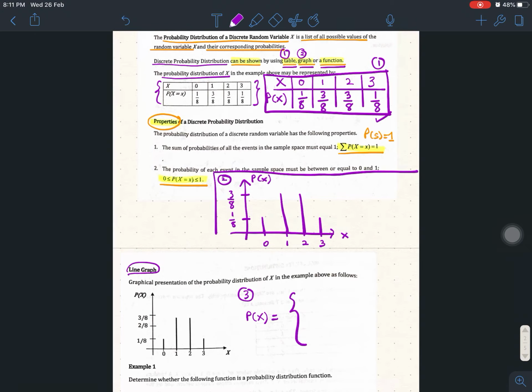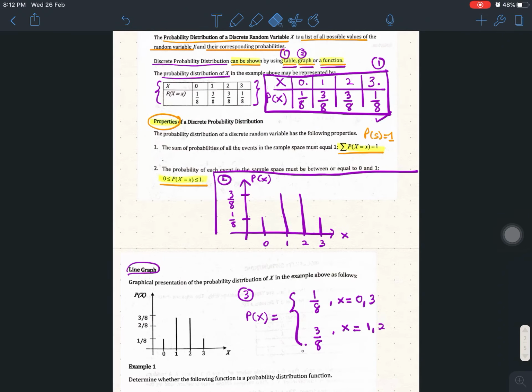The values you have for P(X) are either 1 over 8 or 3 over 8. P(X) is 1 over 8 when X equals either 0 or 3. And 3 over 8 when X equals either 1 or 2. Now, you have to add another one actually.